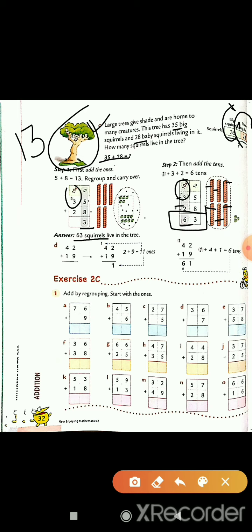63. Let us take one more example. 42 plus 19. First we have to add ones. At the place of ones, 2 and 9 are there. Add them together. Now students, you can count them together, but there is an easier way to count them together.